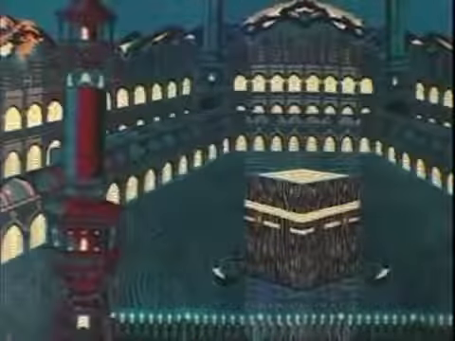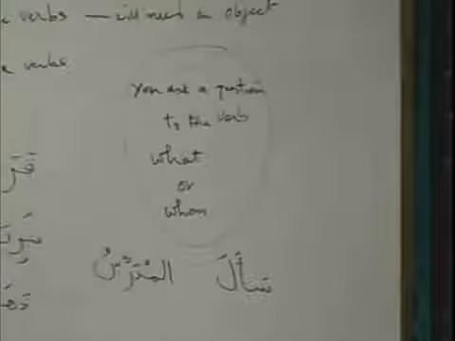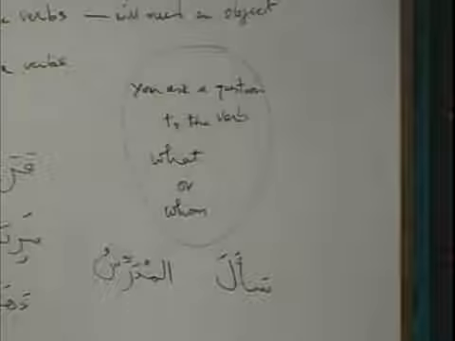Can you ask this verb a question? What will you say? Asked what? Because in order to find out whether the verb is transitive or not, you have to ask: what, or whom? So here you say, the teacher asked.